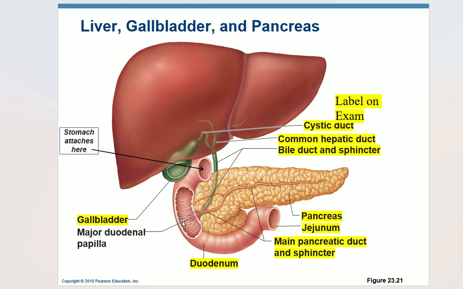The bile duct combines with the pancreatic duct at the major duodenal papilla. Remember we were talking about papilla on the tongue? Essentially the same thing. That's where they have joined and they are dumping into the duodenum.